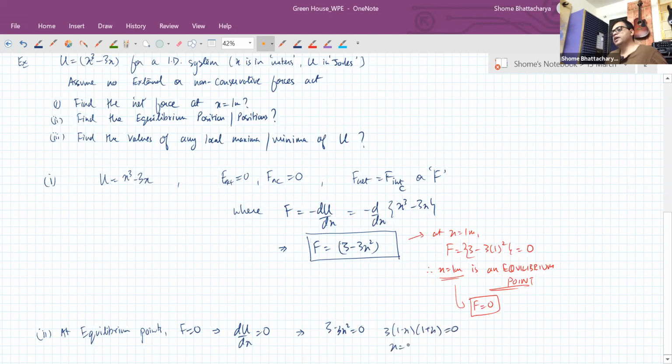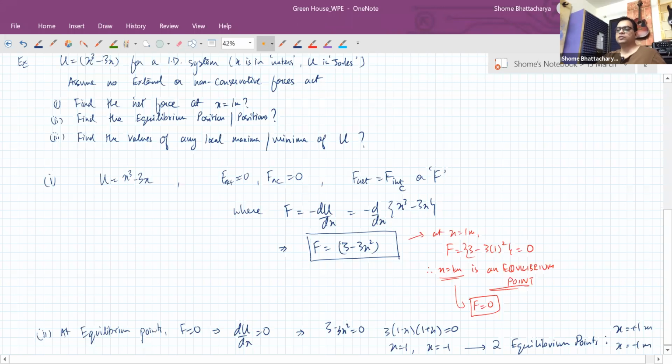Okay, so x equal to 1 is one and x equal to minus 1 is another. So there are two equilibrium points for this system. They are at x equal to positive 1 meter and x equal to negative 1 meter. At both these positions, the body will experience zero net force. So the system will be in equilibrium.